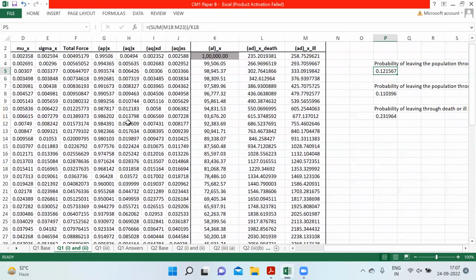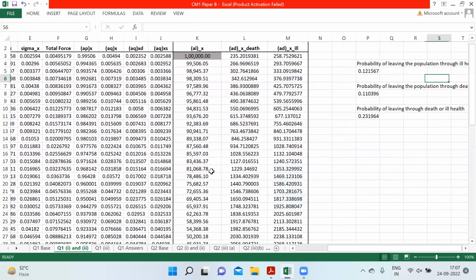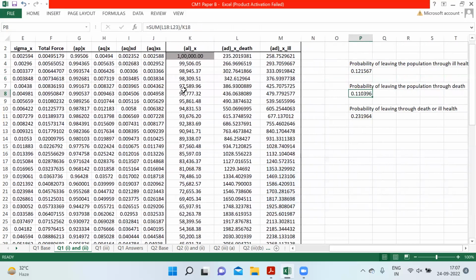So probability of leaving the population at age 65, number of people who leave the population due to ill health, divided by the number of people at age 65, and then probability of leaving the population through death. So the number of people leaving through death divided by the total population at age 65, and then we have the probability of leaving through death or ill health is this plus this, the total probability.